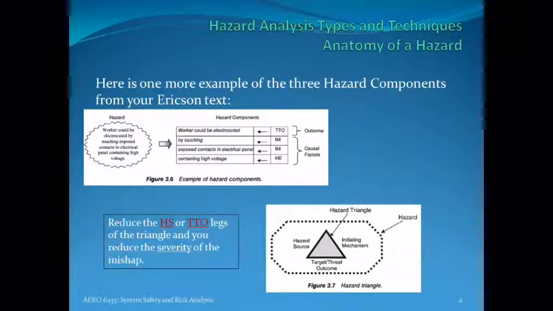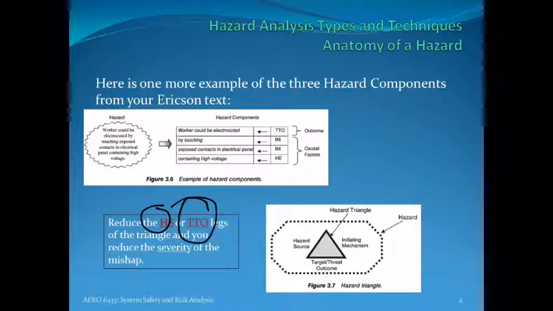In our electrocuted worker scenario, if we reduce the amount of current or reduce the hazard source, if the worker touched the exposed contacts, there may be less damage than death to our worker. Reduce the severity. However, that is probably not realistic because we need a certain level of voltage to power our system. So we cannot reduce the HS, the hazard source, to reduce the severity of the hazard.